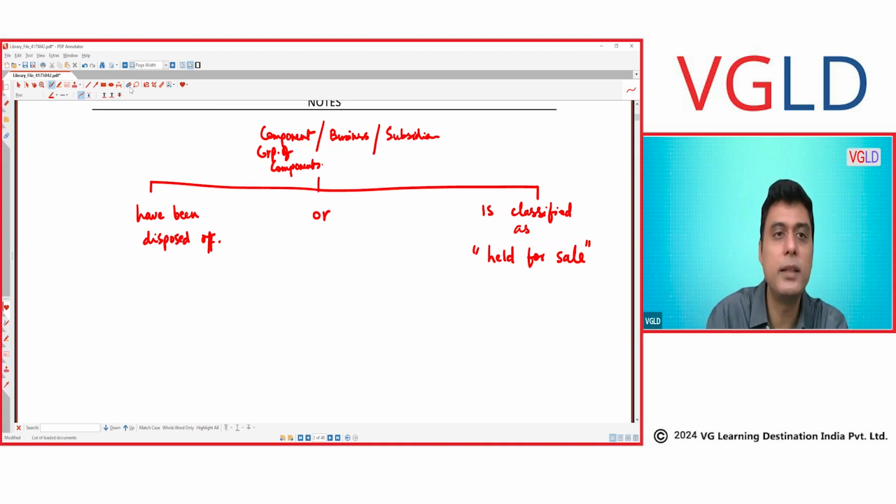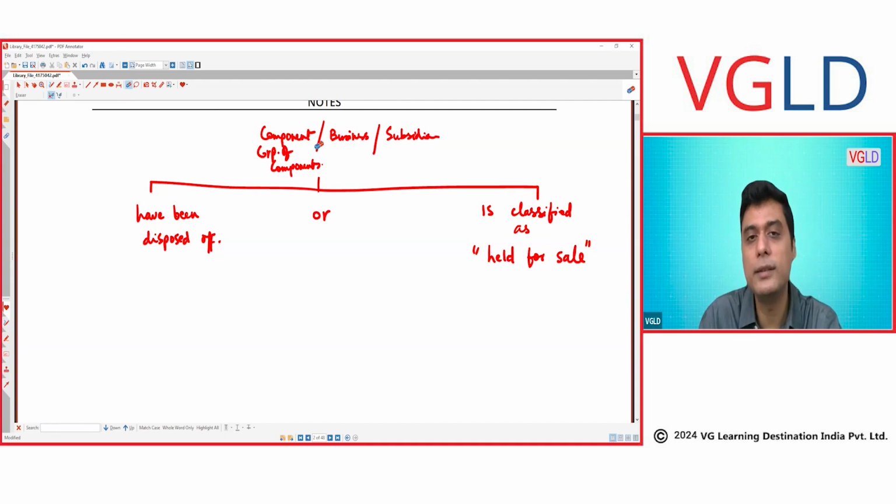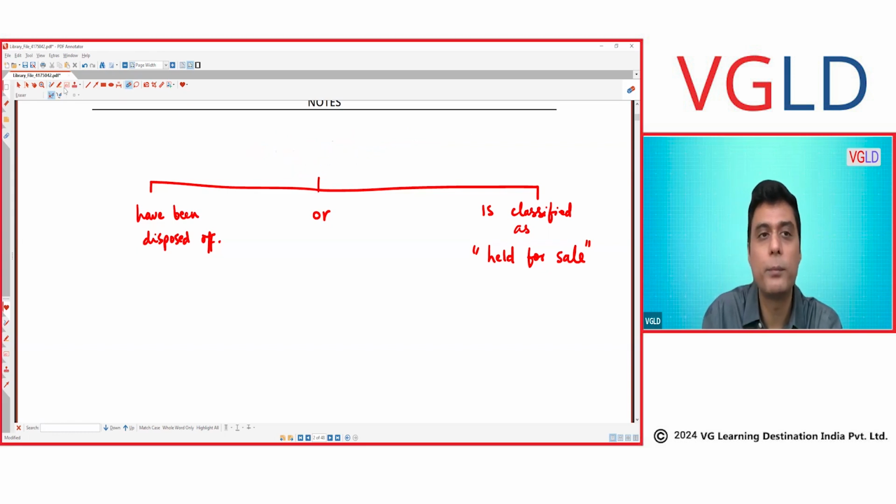Okay, that means it has to first meet the definition. Is it a component of the entity or not? Or is it a separate business of the entity? So I'm just writing component here for the moment.